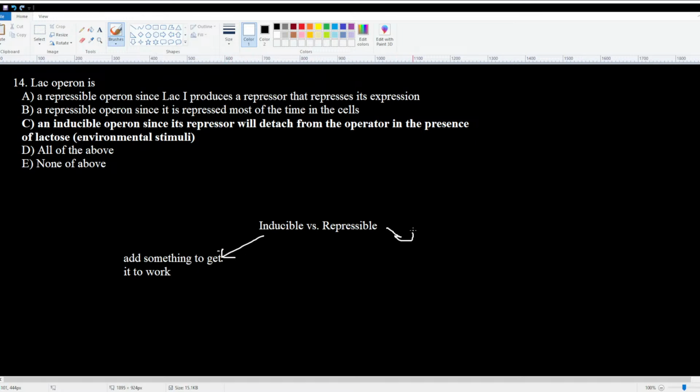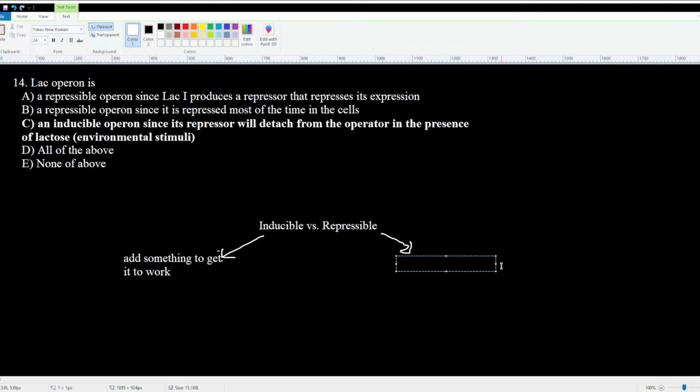Versus repressible operons, which mean we have to add something to get it to stop working, slash turn off.